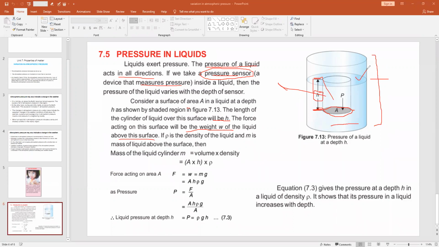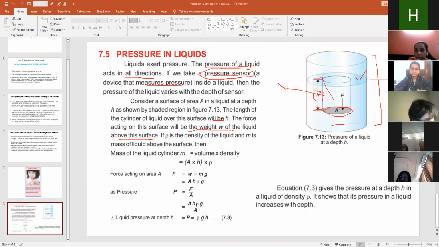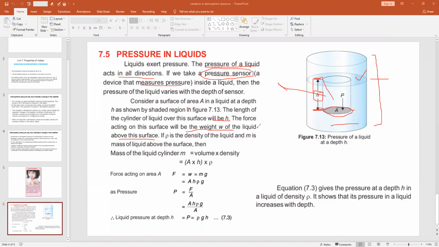Then the force will be equal to the weight that we learned in previous units. So if force is equal to weight, what is the formula for weight? Yes, who is going to tell me? mg. mg, right?